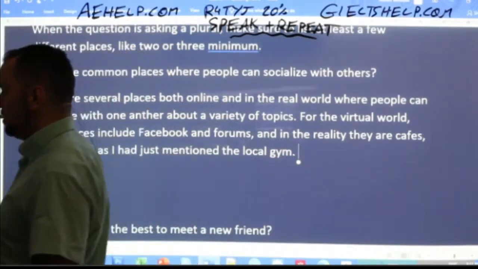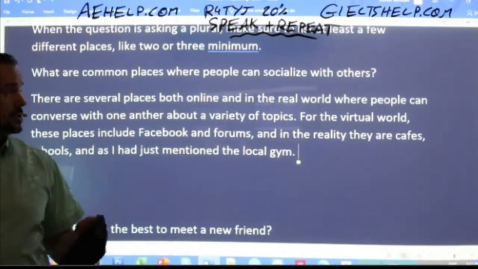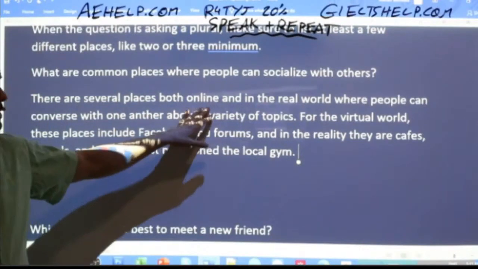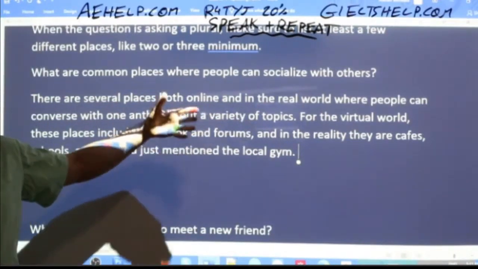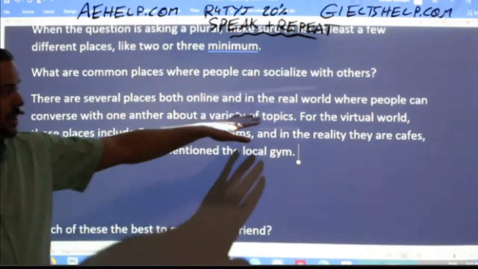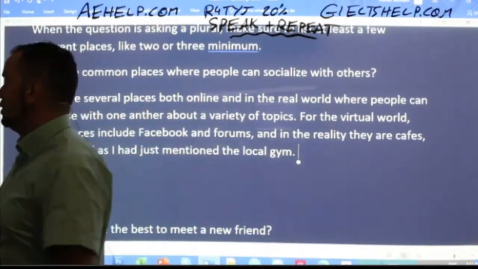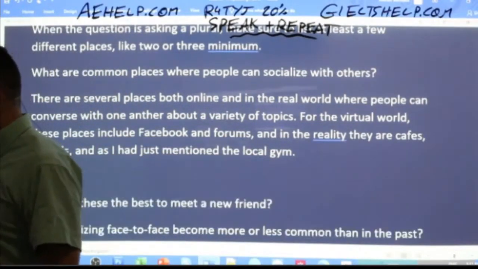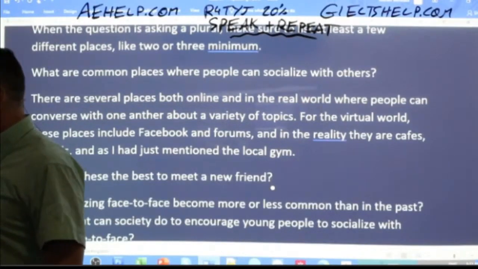Okay, so several places. Notice the use of both and. So it's okay if you think about the virtual realm, but definitely think about the real world as well. So physical locations, okay?